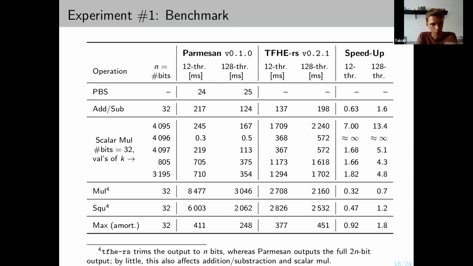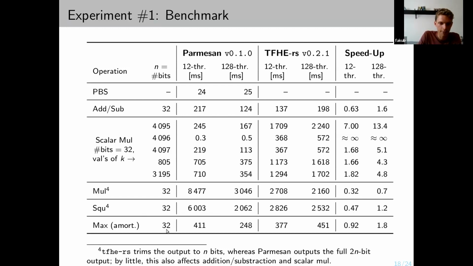So basically, it outputs twice as many bits, and it might be improved if the result were trimmed to n bits only. So that's why it's not directly comparable. But still, for squaring, Parmesan has a dedicated operation, as opposed to TFHE RS, and it's still a little bit faster.